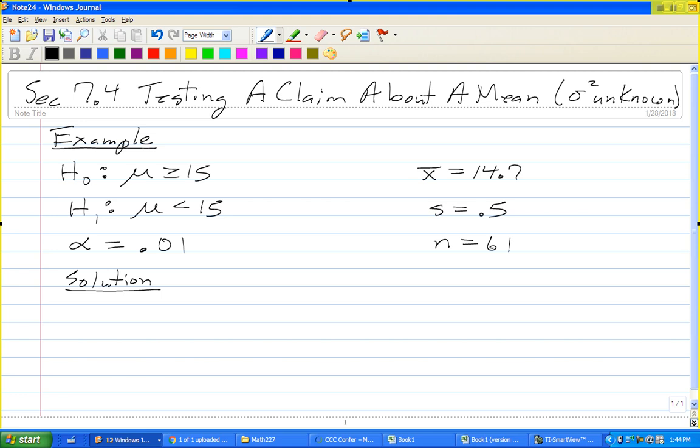So first off, I notice that the sampling distribution of all possible sample means is going to be a t-distribution, because I do not know the population variance.